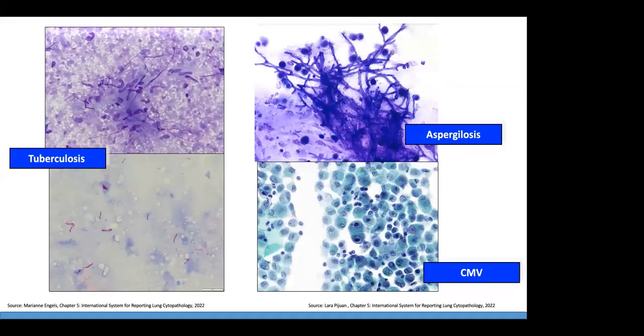So here you have beautiful examples of a benign cytology of the lung in infectious disease: tuberculosis with the Ziehl-Neelsen positive, an aspergillosis, or an inclusion from a cytomegalovirus. All these pictures are from the book.